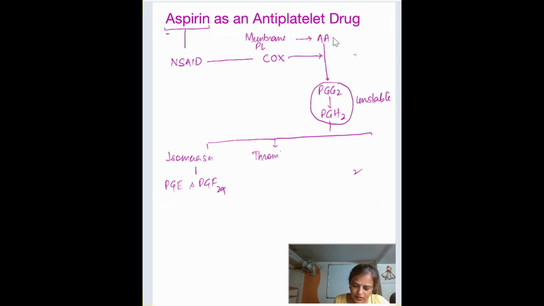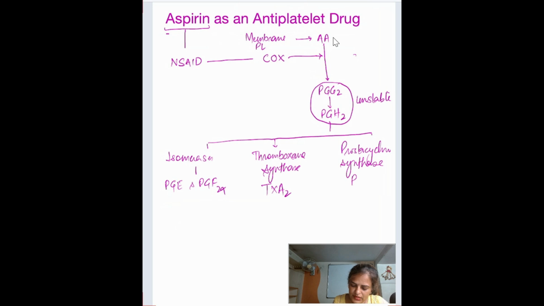thromboxane synthase. So this helps in the synthesis of thromboxane A2 in the platelet. Whereas in the vascular endothelium there is prostacyclin synthase.